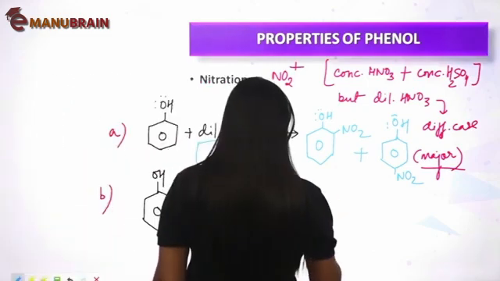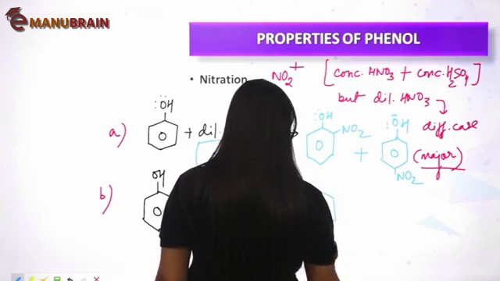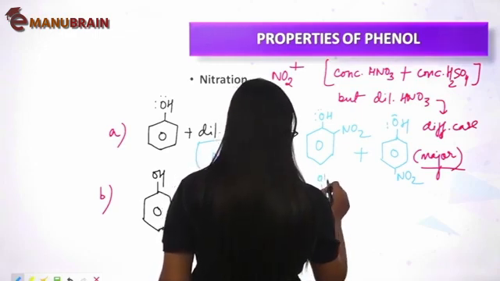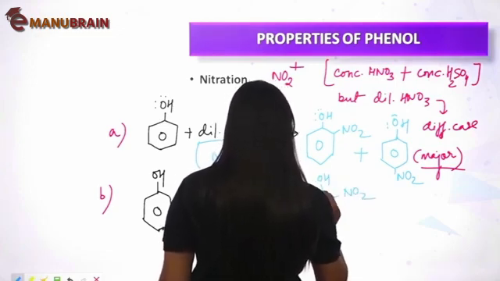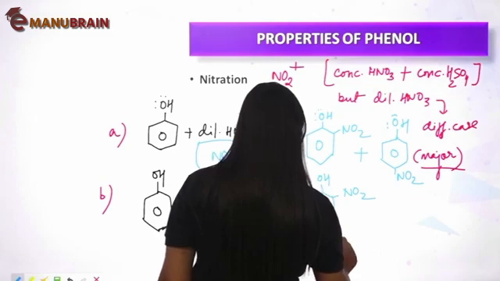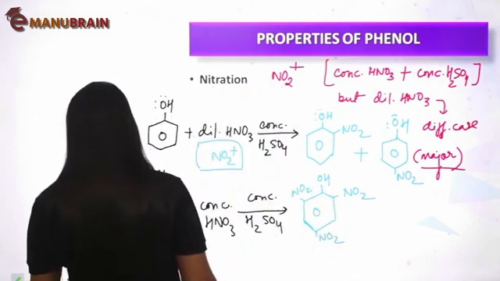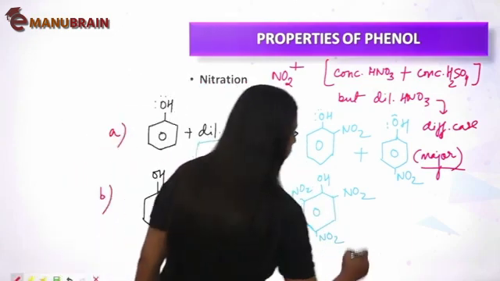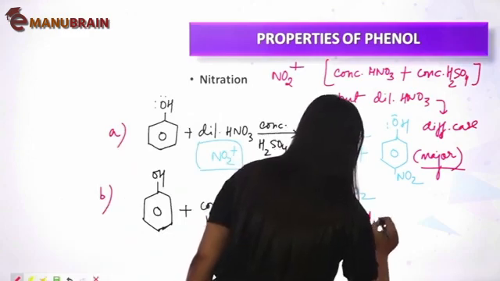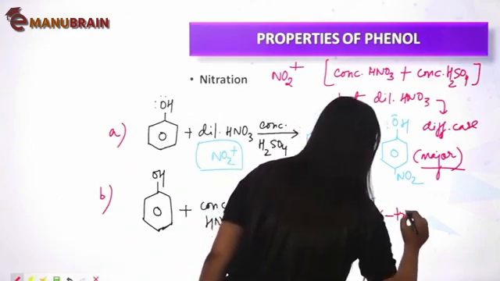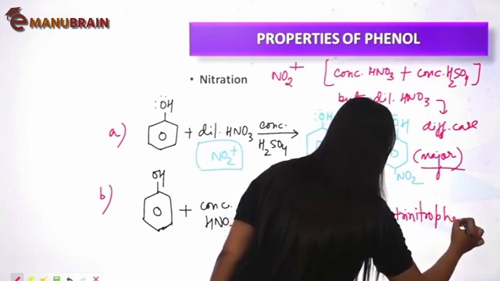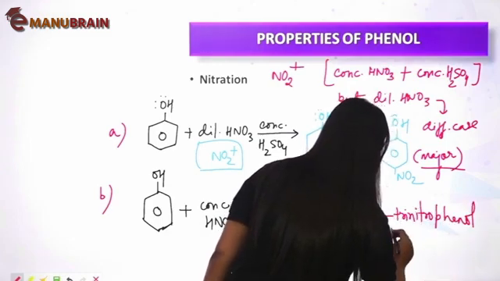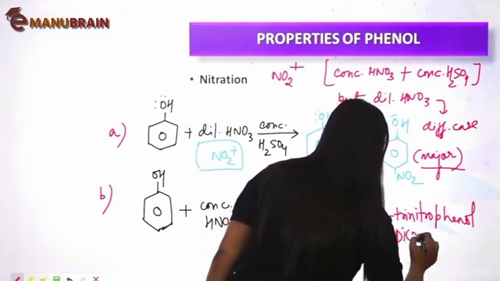So it will result in the formation of a wholly ortho-para substituted phenol product, which is known as 2,4,6-trinitrophenol. And it is also known as picric acid.